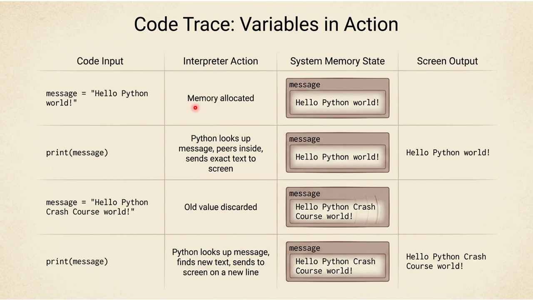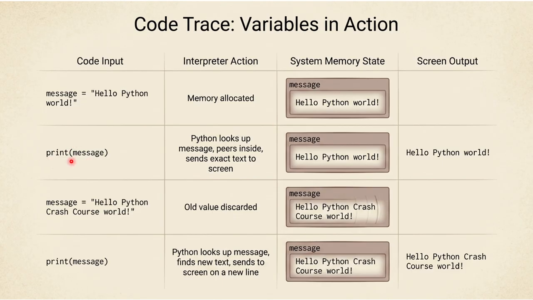The interpreter created a memory location. Inside the memory it created a container known as message. Within that it put whatever is on the right, which was hello python world. Since only memory is allocated as of now, we didn't see anything on the screen output.